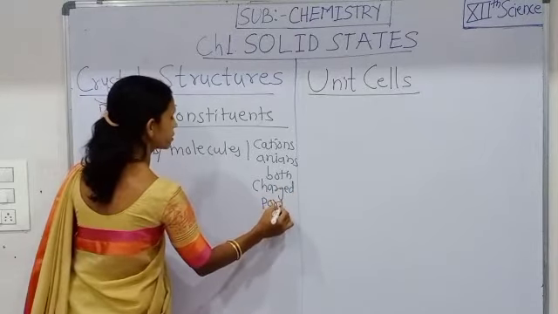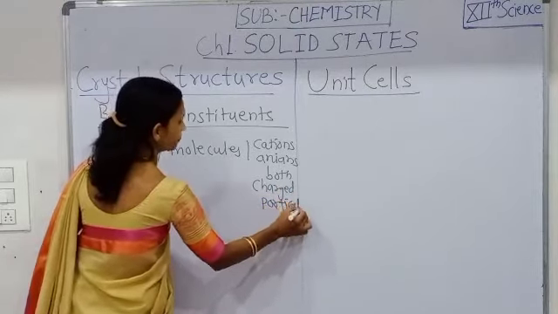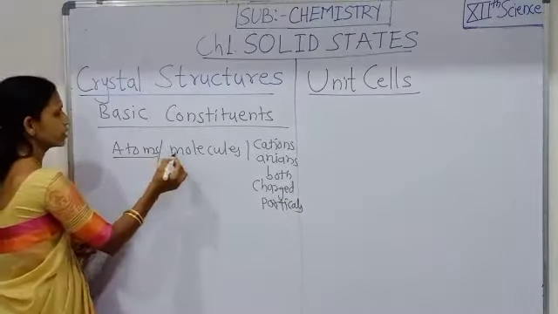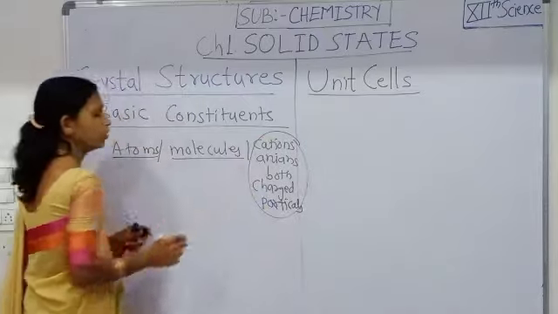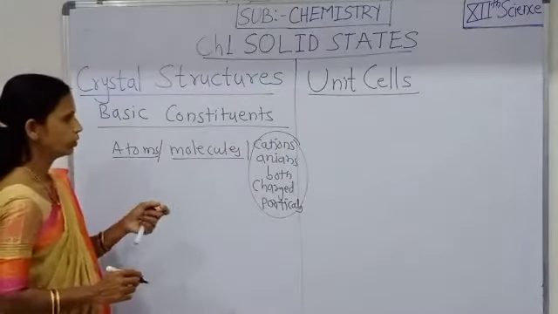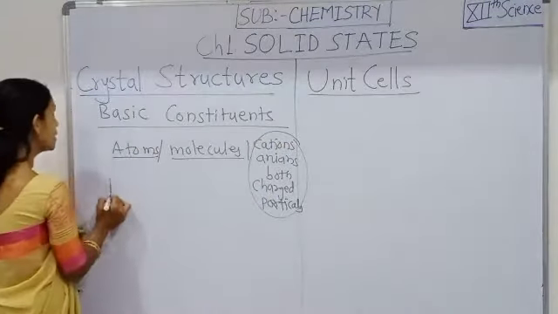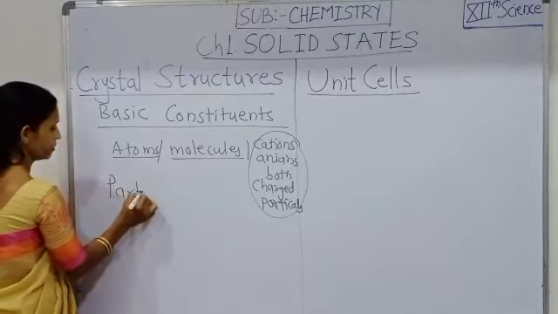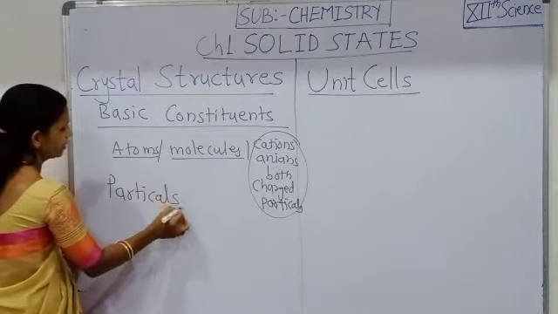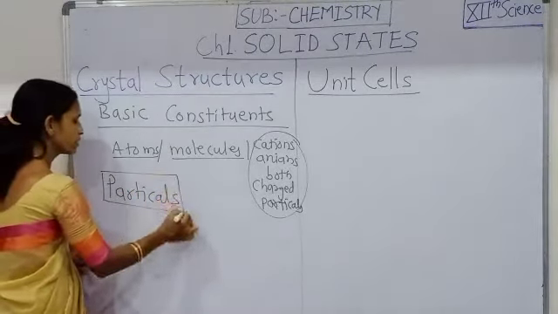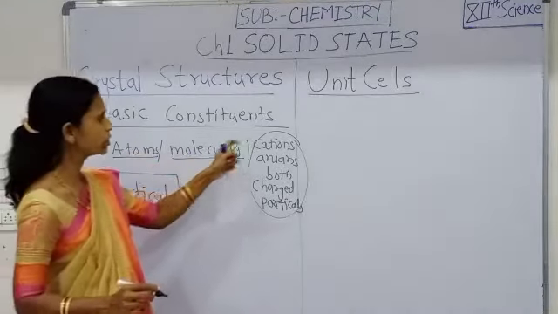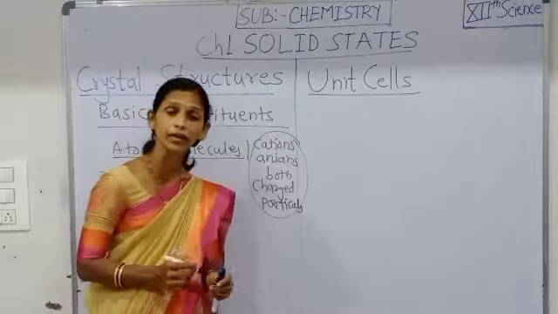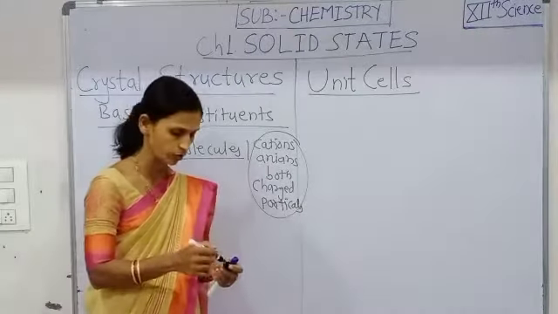For atoms, molecules or ions, we use the word particles. That means particles are nothing but atoms, molecules, cations, anions, or both cations and anions.